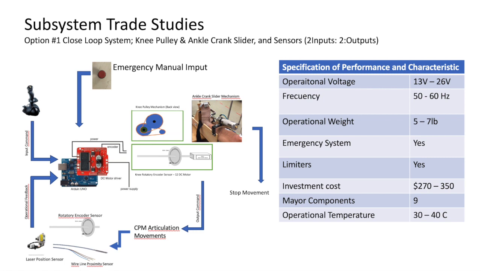This is another subsystem by another of my companions. The input is received by a processor, in our case an Arduino, connected to a DC motor driver. The motor driver will be directly connected to a power supply.